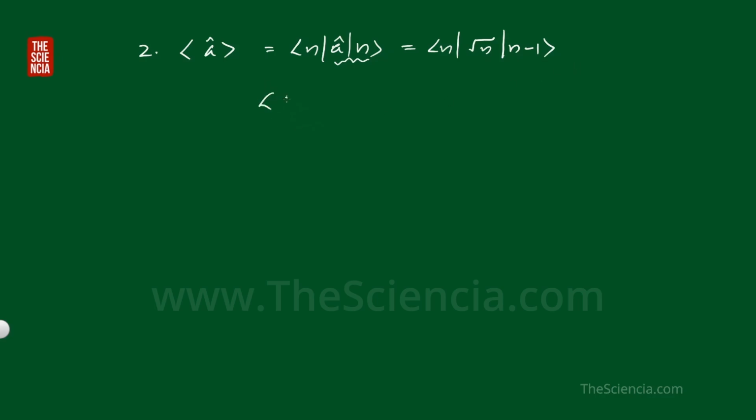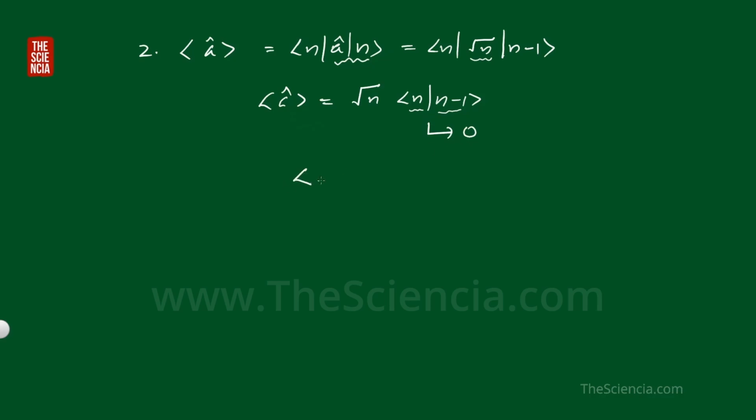So the expectation value of a is equal to, taking this constant outside, √n ⟨n|n-1⟩. These two states are different, so their scalar product will be equal to 0.